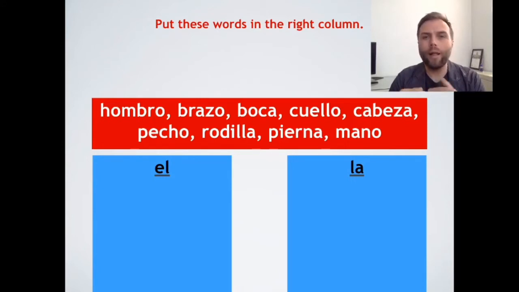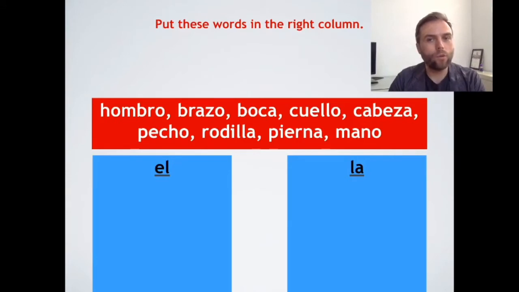So this is helping them to notice an aspect of grammar. Now, if you don't know what I'm talking about, usually I have a student who has noticed the rule explain this in the class. Generally, the words that end with an O go with el, and the words that end with an A go with la.